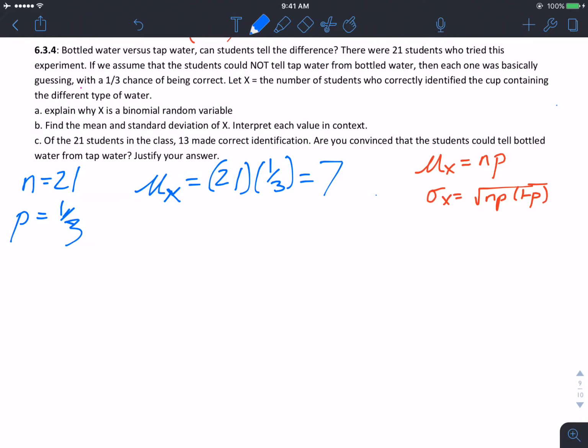So that says if we repeat this many times with 21 students, then the average number of students who get this correct should be about 7. Our expected value is about 7 kids getting it correct.